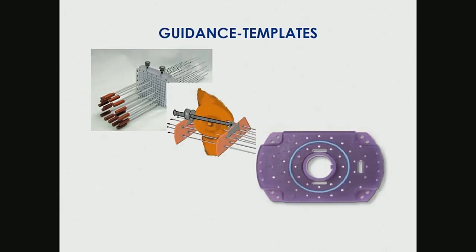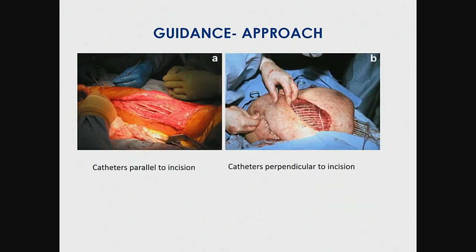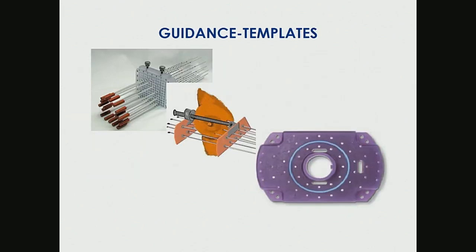To guide the treatment, and Wayne is going to be talking about this in just a few minutes, there are templates that can be used to guide the needle placement. On the left is a template used for prostate placement. You have this template attached near the perineum, and the needles are guided into the prostate.